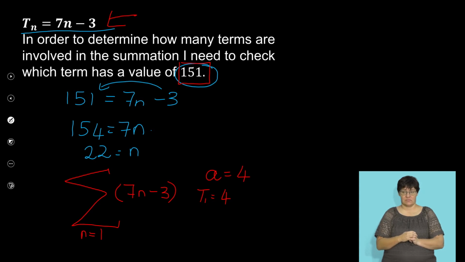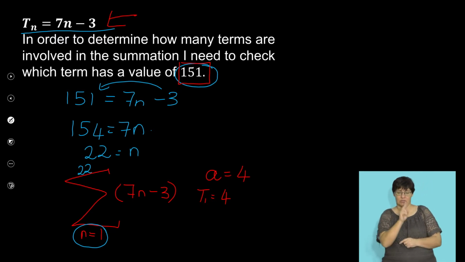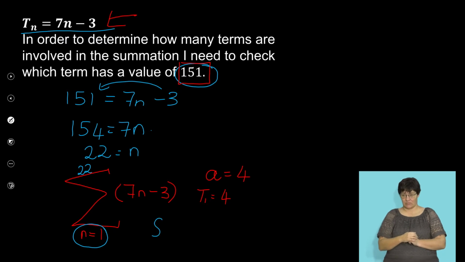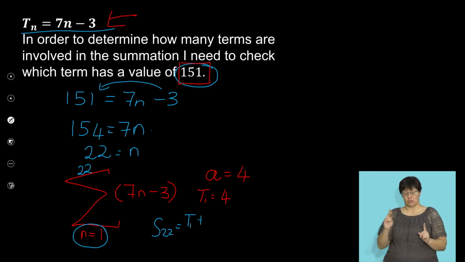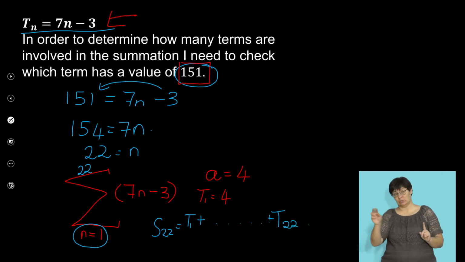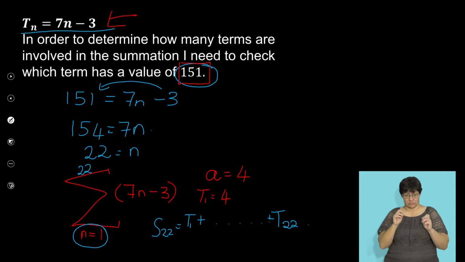So if someone is going to be doing this sigma sum, they're going to start the substitution at n is equal to 1, and they're going to go the whole way up to when n is equal to 22. Because I know that this sum is going to be involved in adding 22 terms. So it's going to go from term 1 all the way up to term 22. So guys, hopefully everyone's okay with this sigma notation.